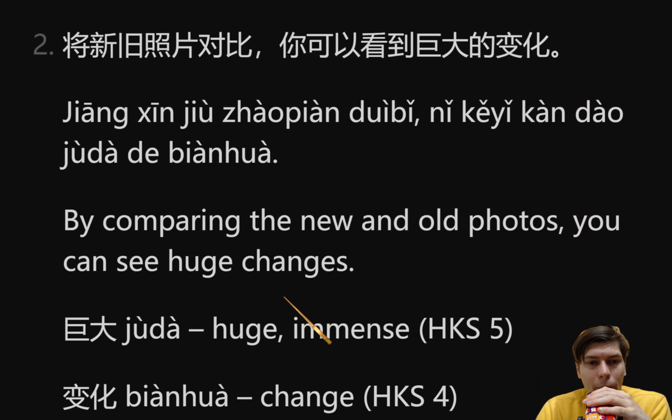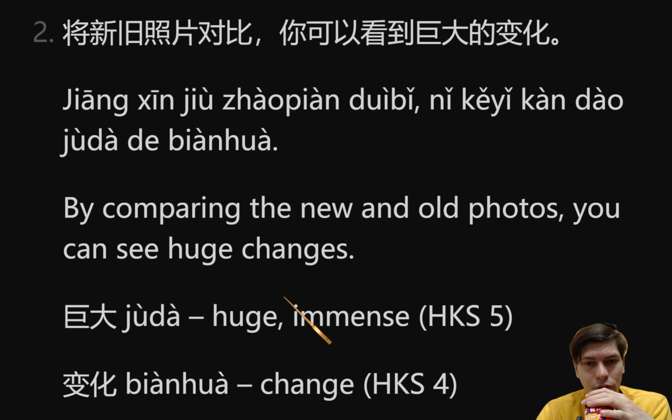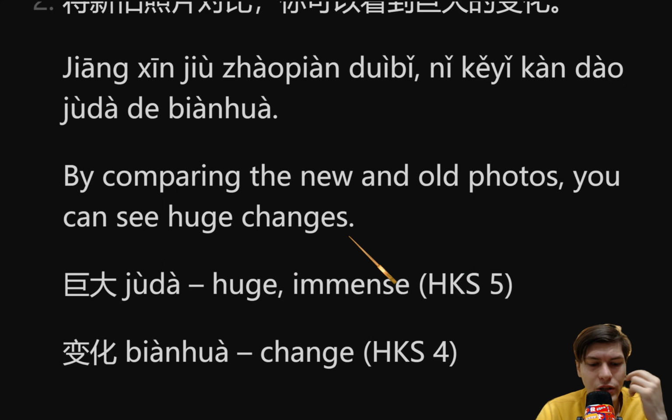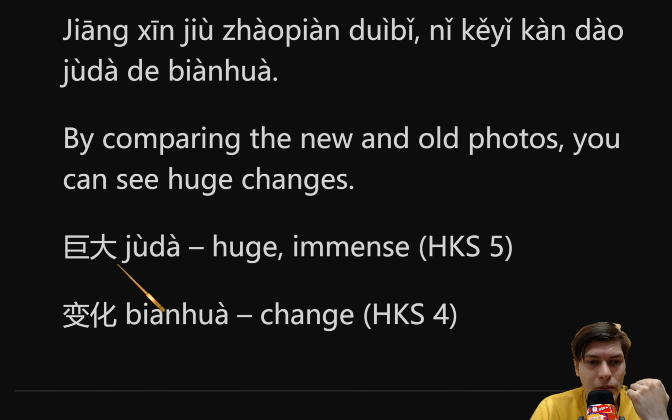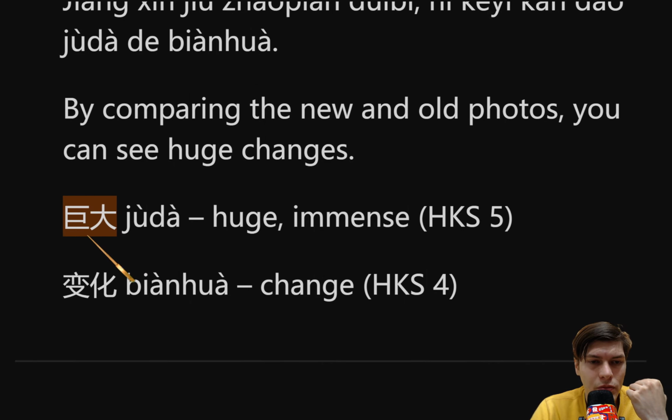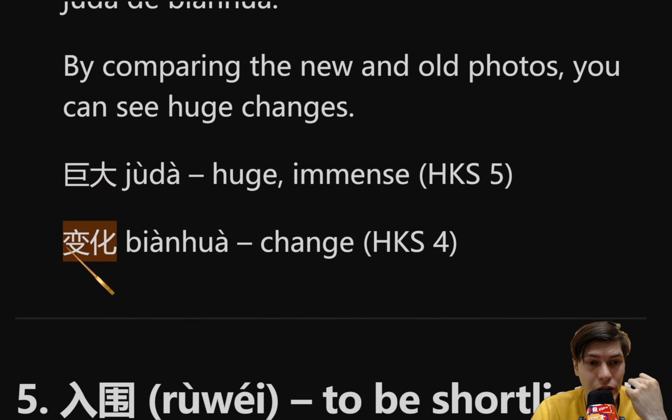Next one: by comparing the new and old photos, you can see huge changes in a person. 巨大 means huge, immense, the same as 很大 but really even bigger. 变化 means change, because 变 is to change and 化 is also to transform, more or less the same word.